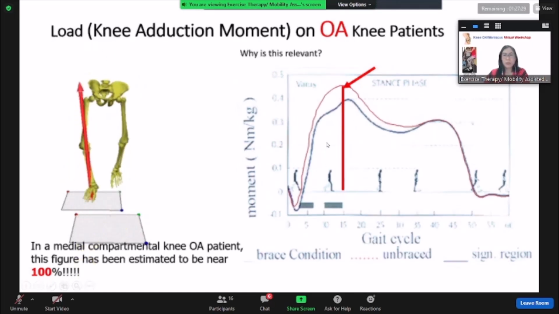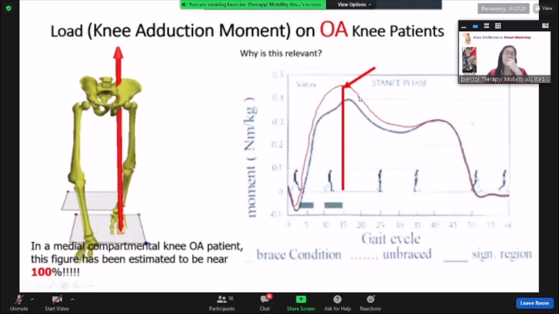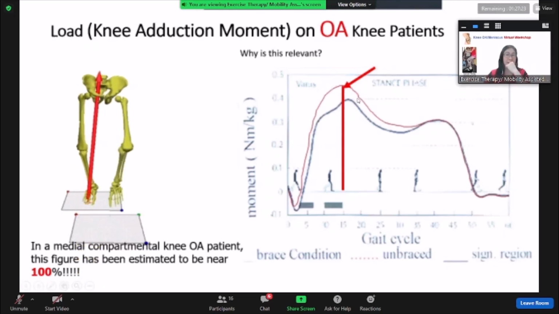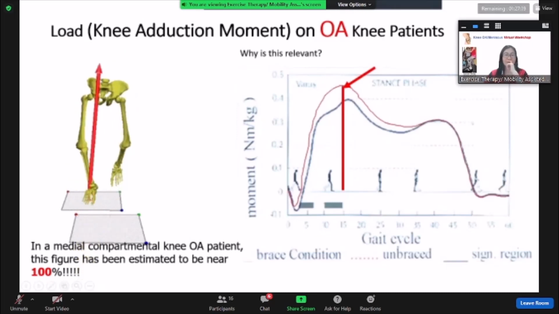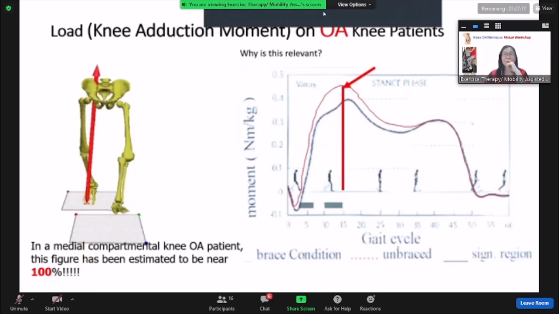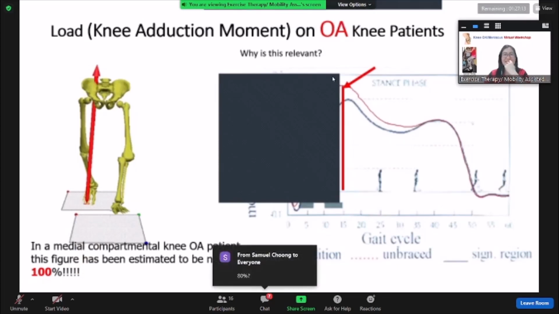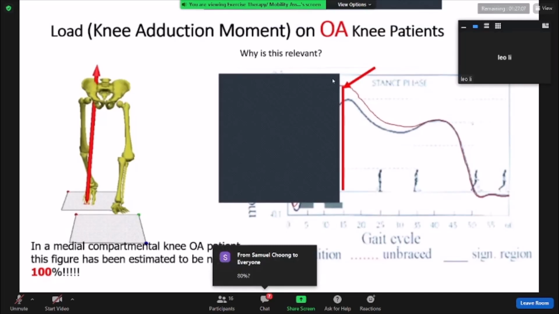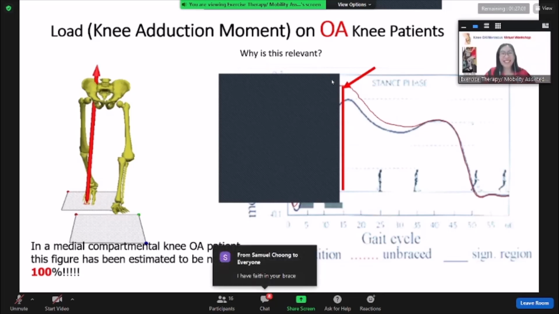If you look at the brace group, do you know how much reduction of load the brace group experienced? Anyone? 80%. Wow, Samuel.